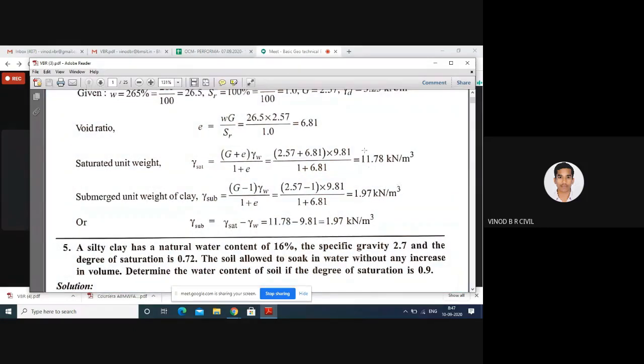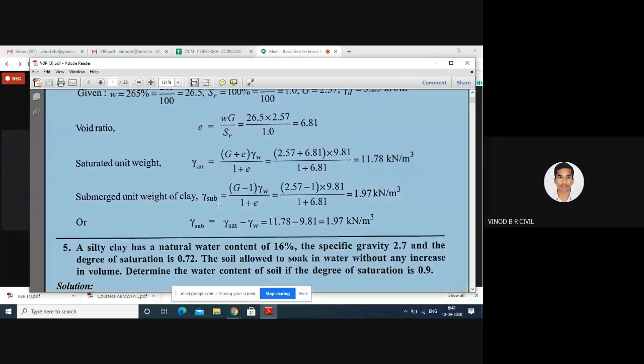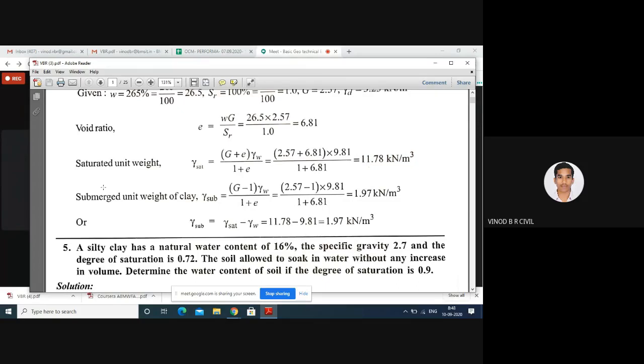So gamma saturated is 11.78 kilonewton per meter cube. For the submerged unit weight, gamma sub equals G minus 1 into gamma W divided by 1 plus E. Here G is already given in the problem, that is 2.57.